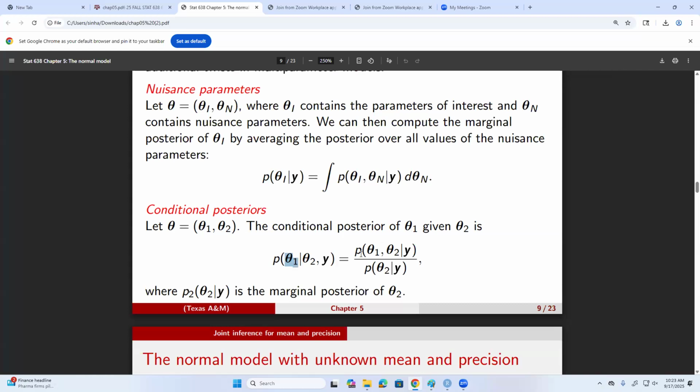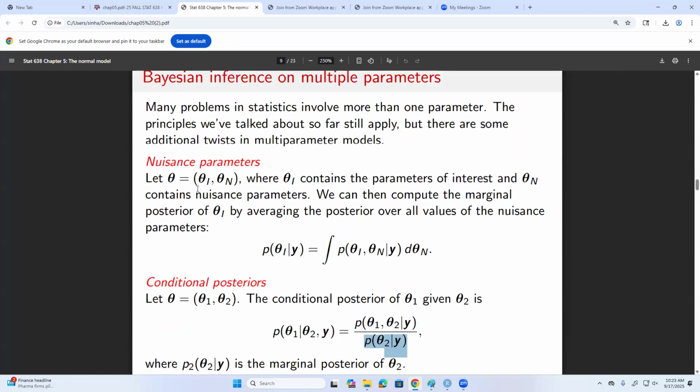And that will be the joint posterior of theta 1, theta 2 given data divided by the marginal posterior of theta 2 given data. And the denominator, p of theta 2 given data, is the marginal posterior of theta 2.